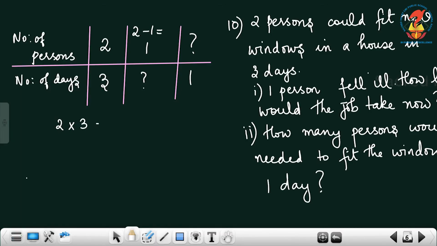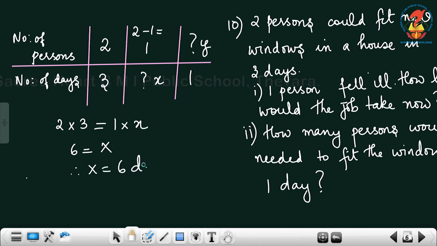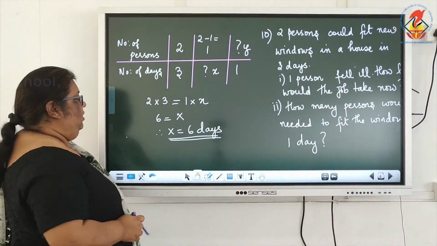So, 2 into 3 is equal to 1 into x. Let x be the number of days, 1 into x, 6 is equal to x. Therefore, x equals 6 days. So, if there is only 1 person, he will take 6 days to complete the work.